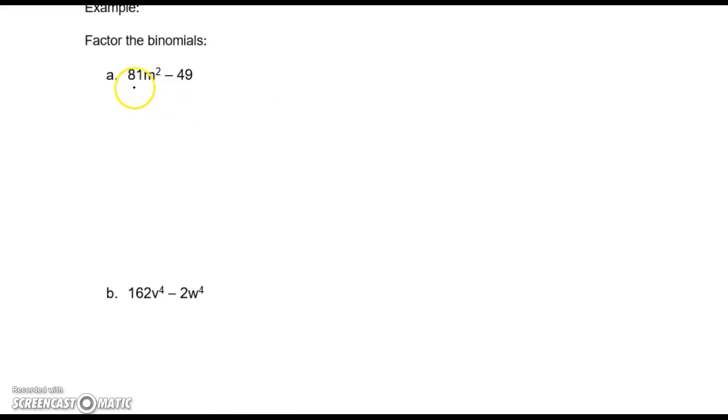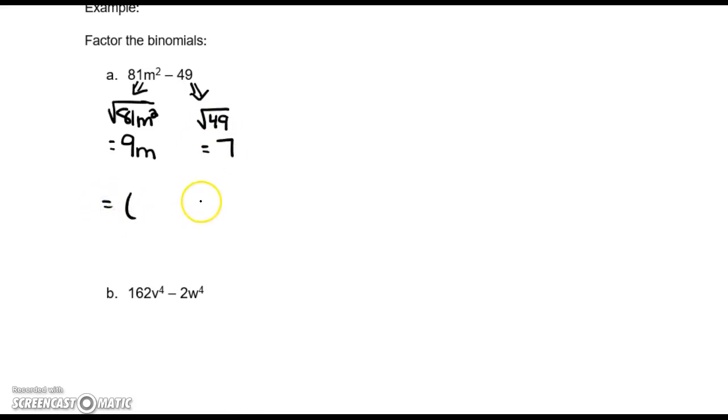For our first step, we're going to square root 81m squared. If it helps your brain, you can do each one separately. The square root of 81 and the square root of m squared gives you 9m. Then for your second term, the square root of 49 is simply 7.